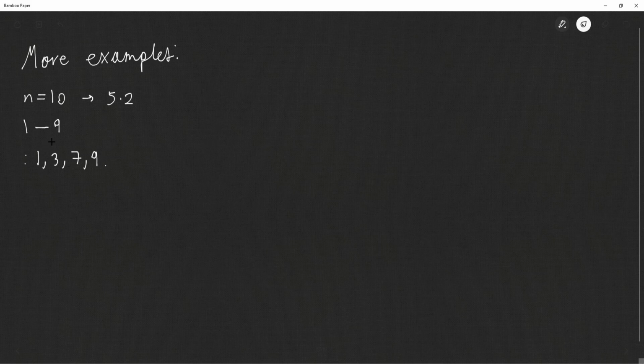Since we can see that 2, 4, 5, 6, and 8 are all multiples of either 5 or 2. Now this means that phi of 10 is equal to 4.